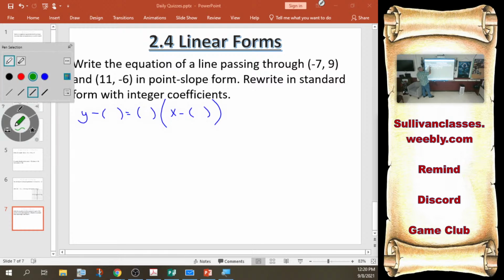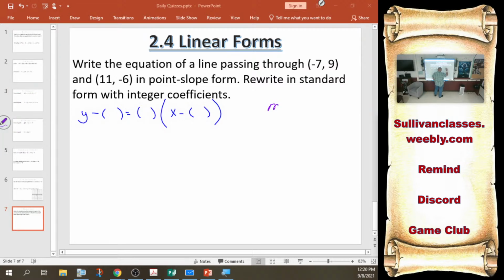So we got to take a side quest over here to say the slope is y2 minus y1 over x2 minus x1, getting a negative 15 over a positive 18. Reduce it down, negative 5/6. Okay, now I can put stuff in there.